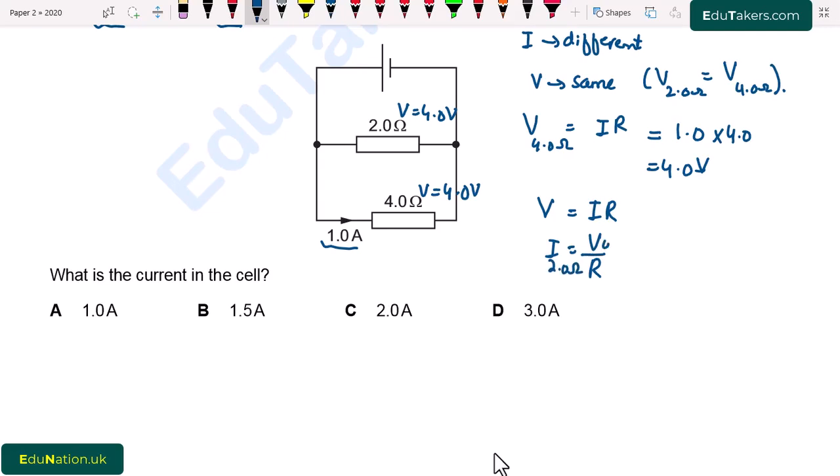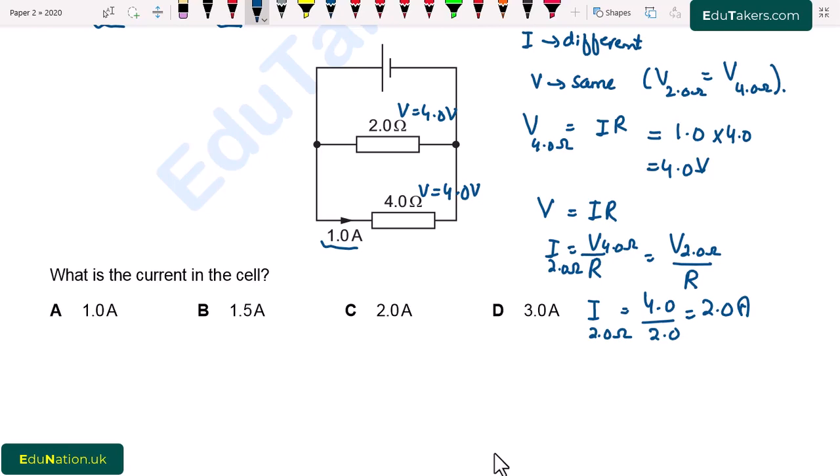Both of the potential difference values are same, so I put here 4.0 divided by 2.0, which is 2.0 ampere. So this is the value of current passing through the 2.0 ohm resistor.